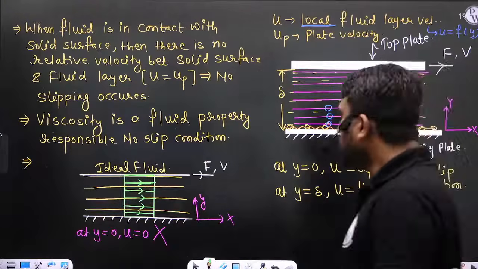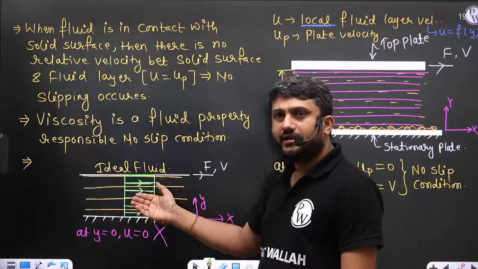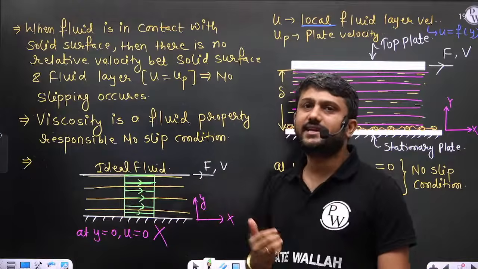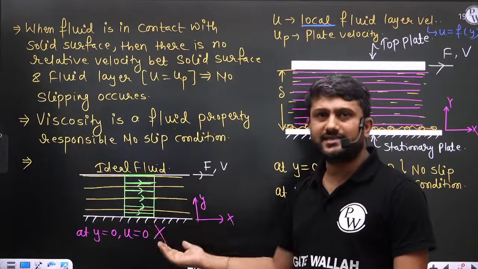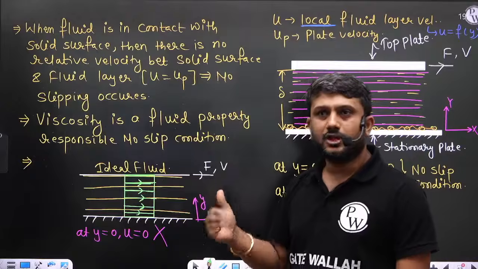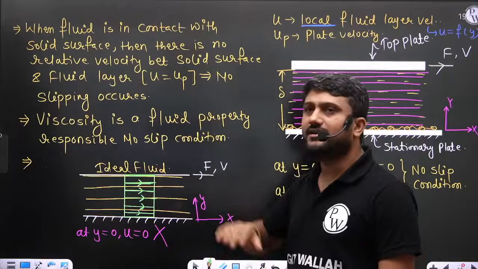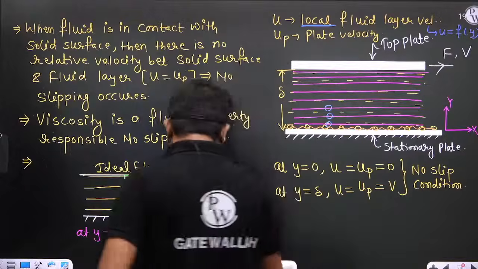Because none of the layers experiences shear resistance. There is no shear resistance because this is the ideal fluid. There is no viscosity. So in this case, each layer has the same velocity. Is it clear?